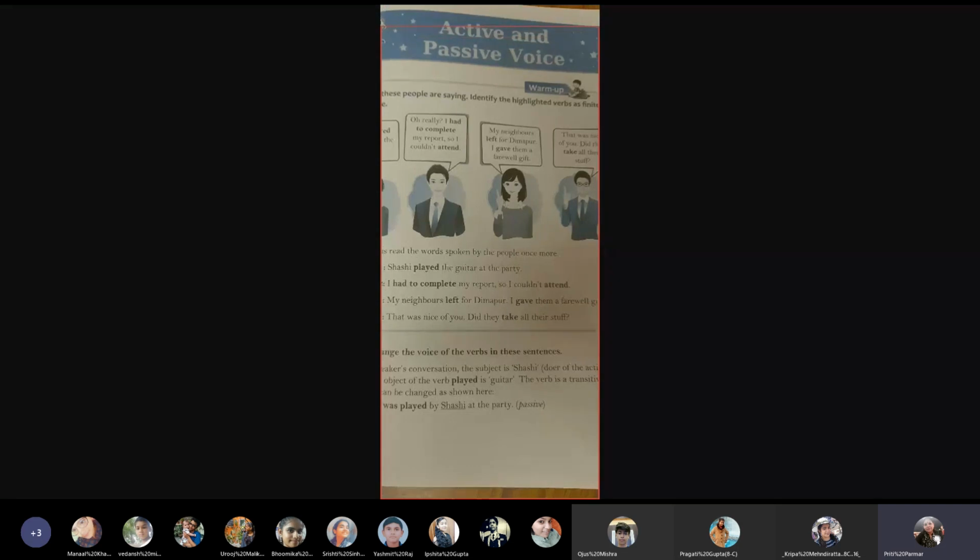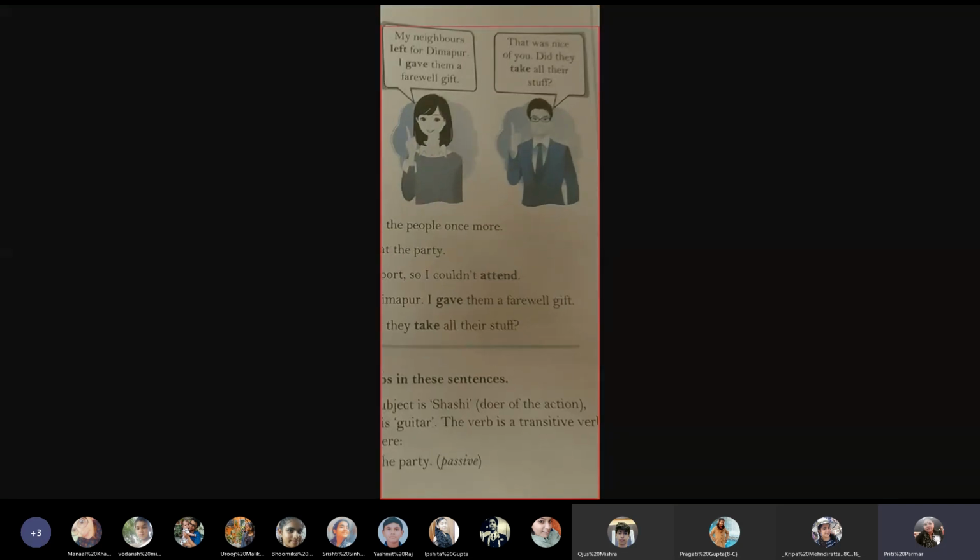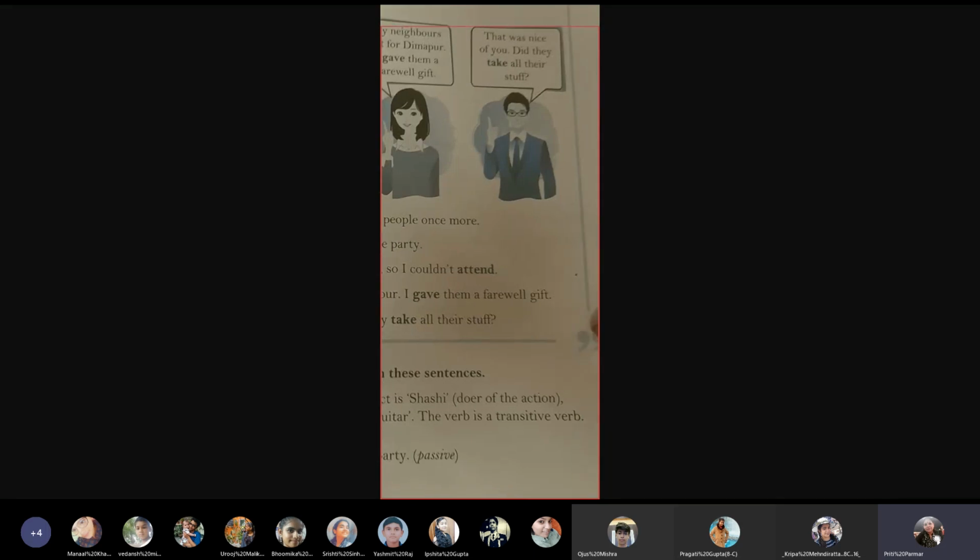Clear? Whereas if you see the second part, I gave them a farewell gift. So I is the subject, gave is the verb, gave them what? Farewell gift is the object. So now you will be changing this part of the sentence. So it will be a farewell gift. Now see, gave is past tense.